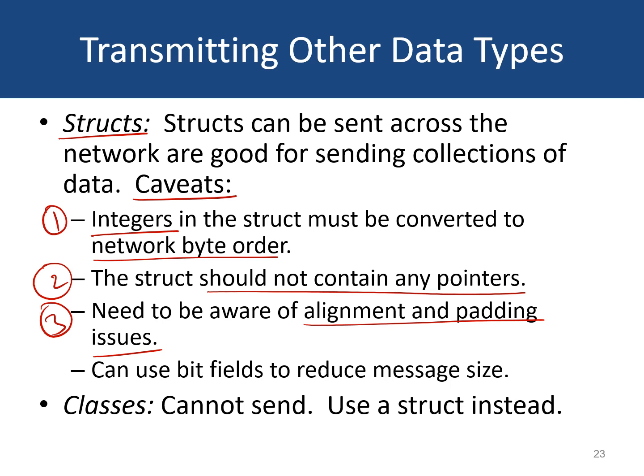To facilitate the reconstruction of the structure on the other side, we may need to include some extra information. So for example, maybe a byte to indicate which structure is being sent, and maybe some other bytes to give the length of the data being sent and so forth. Finally, if you want to send collections of data, instead of trying to send classes, use structs.